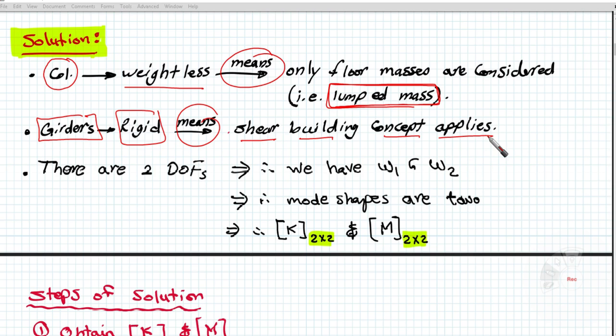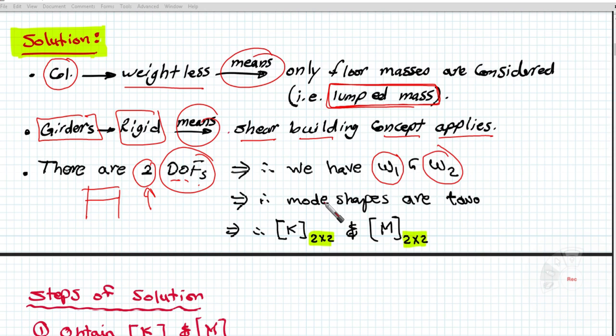Okay. And when we look at the figure of the example, we have two stories, right? This means that we have 2 degrees of freedom. This implies that we have two different natural frequencies. I'm going to explain the meaning of two natural frequencies toward the end of the solution.